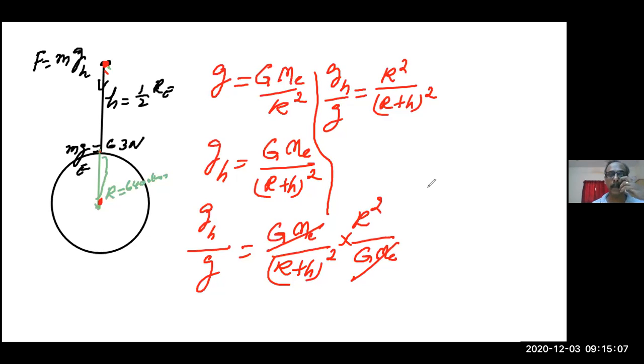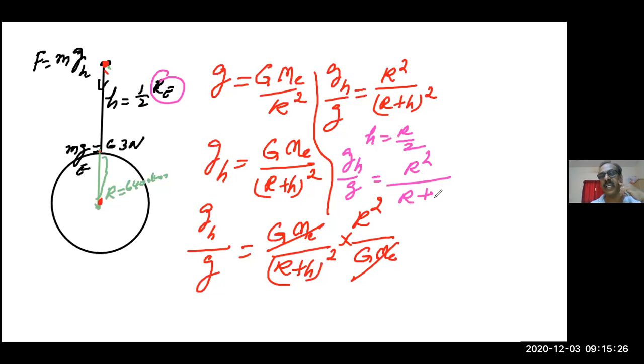Finished up to there? Now h is equal to R by 2. Substitute: g_h by g is equal to R squared divided by (R plus R by 2) whole squared, right?